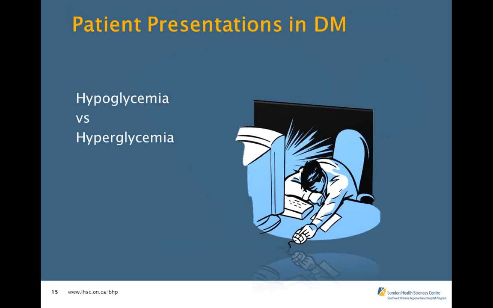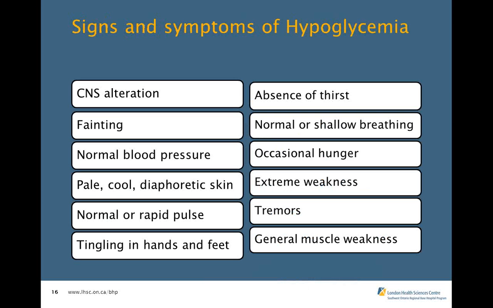So as we move on, the two conditions that we are most interested in the pre-hospital setting are hypoglycemia and hyperglycemia, and these represent the two ends of the balance when it goes out of whack. So first of all, we're going to talk about hypoglycemia, because that certainly is the most important one and the one that people see most commonly.